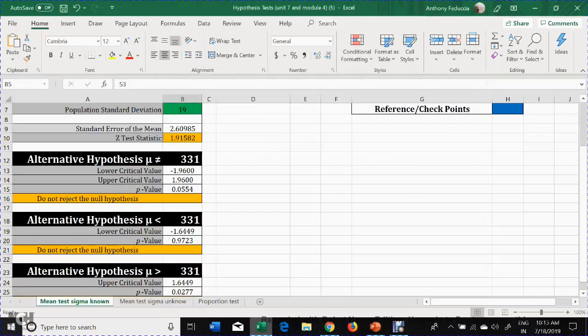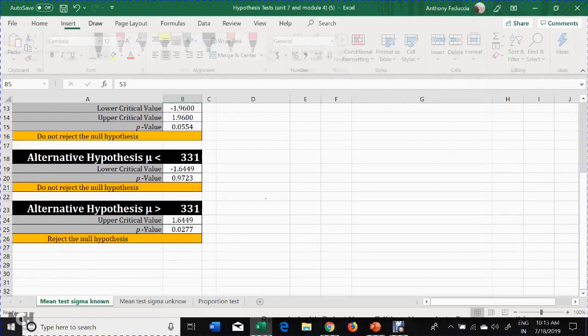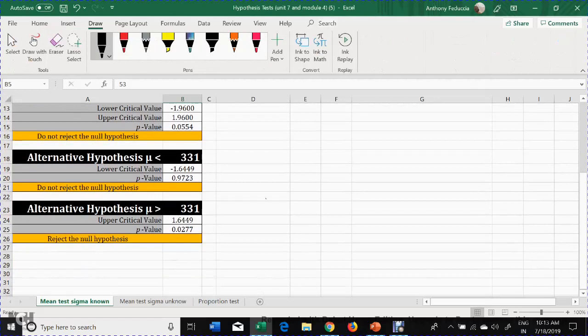So we want to look down here at this part of the workbook where it says mu greater than 331. It gives us our critical value, 1.65, and it says we're going to reject the null hypothesis.